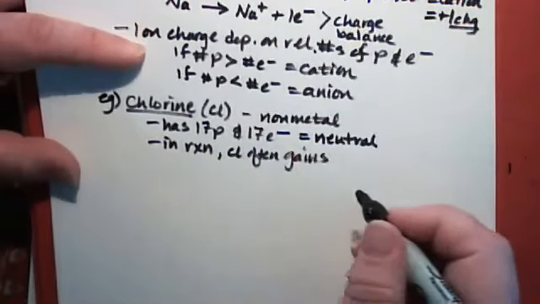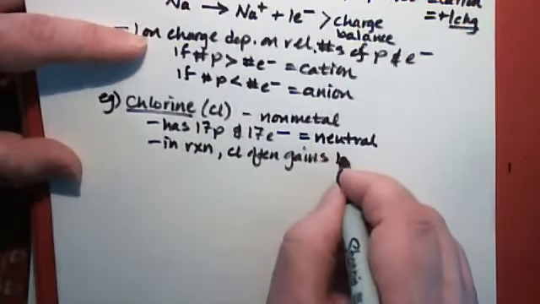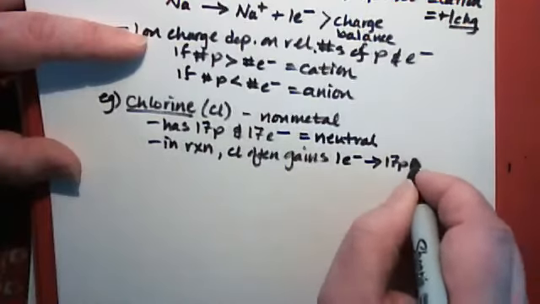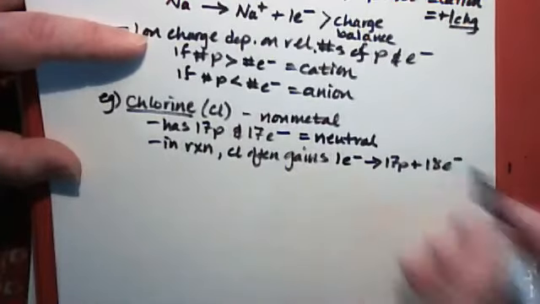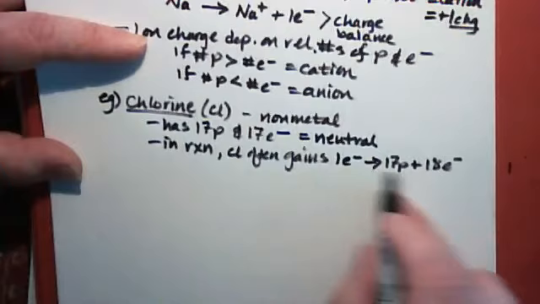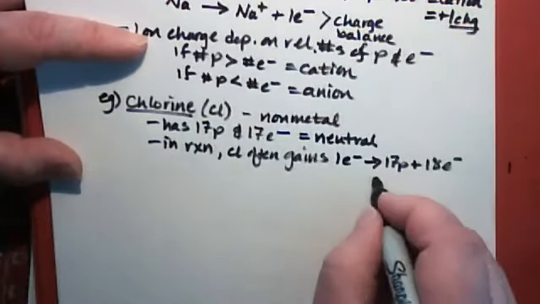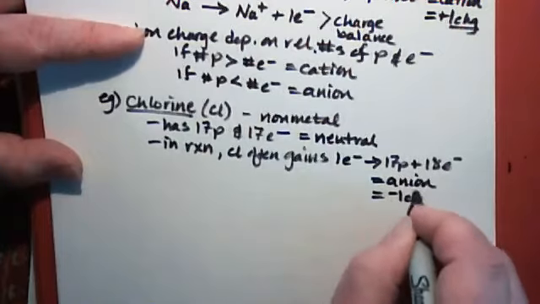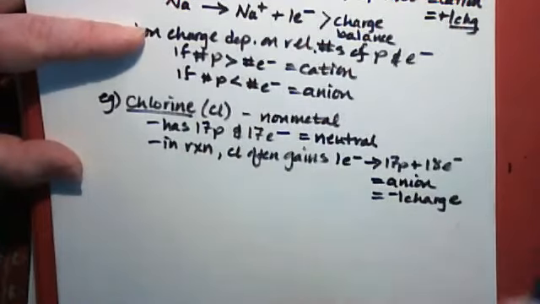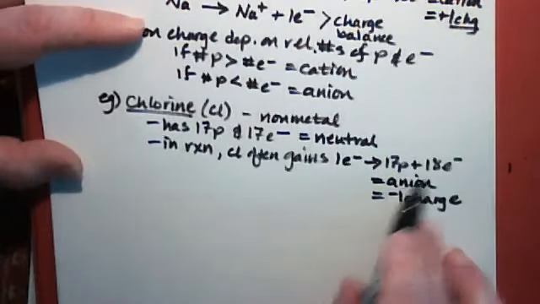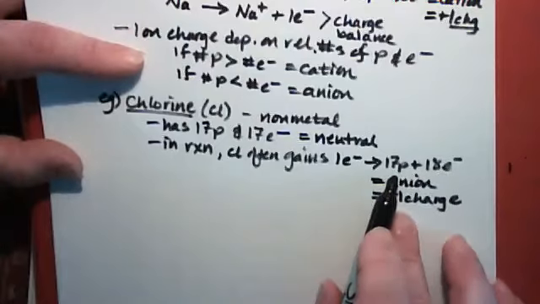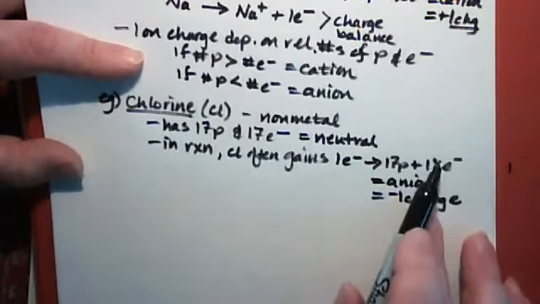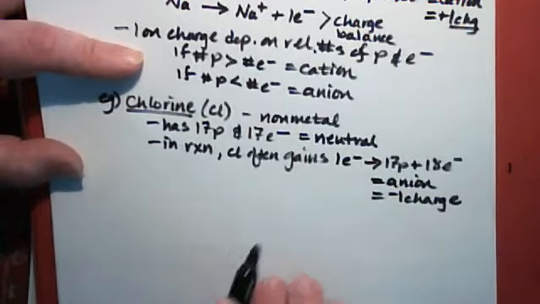In reactions, chlorine usually gains one electron, which leaves you with 17 protons and 18 electrons. And that means that it will be an anion, since it has more electrons than protons, and the charge will be -1 because it got one more electron than it has protons.